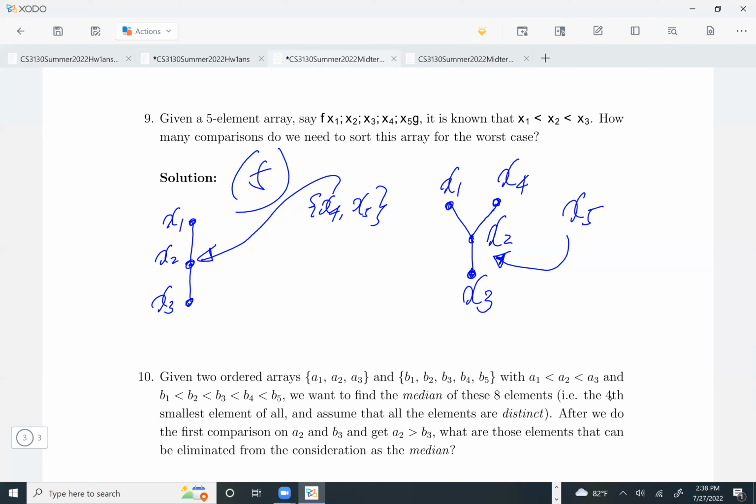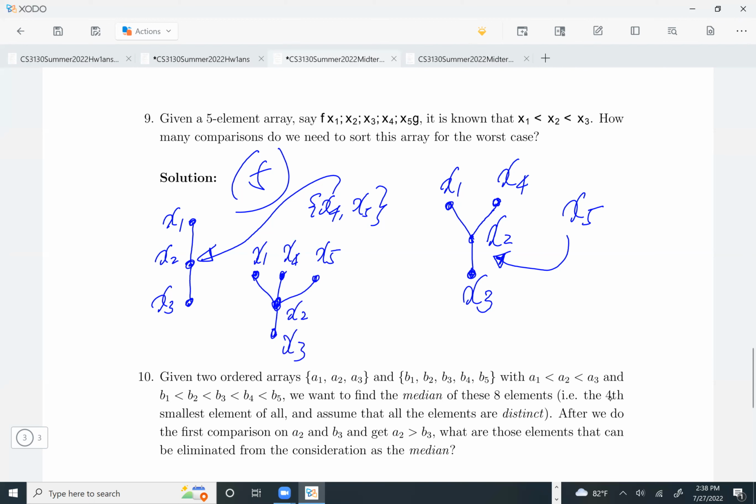I hope I have enough space. Let me draw smaller. x1, x4, x5, smaller than x2, x3.